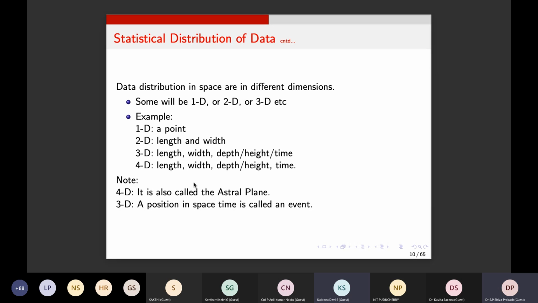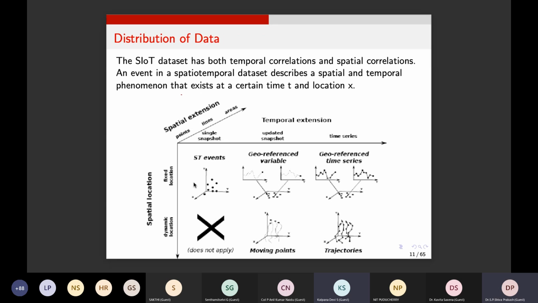Especially when it comes to the data set of an SIoT, it has both temporal correlations and spatial correlations. An event in a spatio-temporal data set describes a spatial and temporal phenomenon that exists at a certain time t and location x.